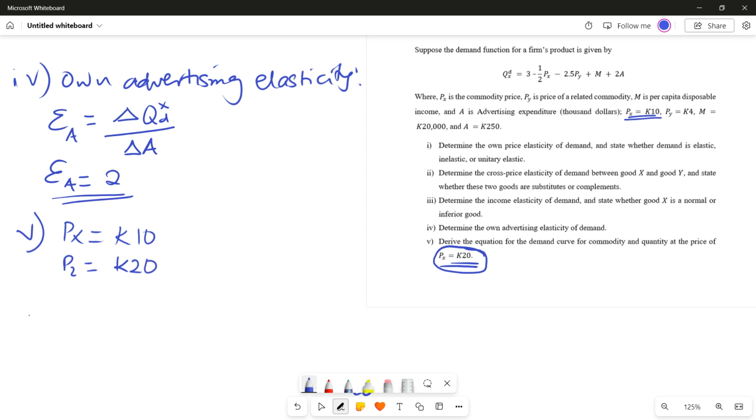Everything else is the same. So py is still 4, income is still 20,000, advertising expenditure is still 250. So the question is saying, can we derive an equation for the demand curve?